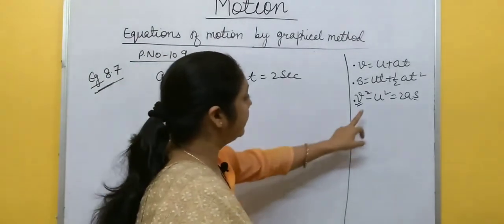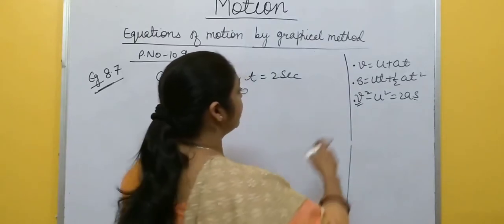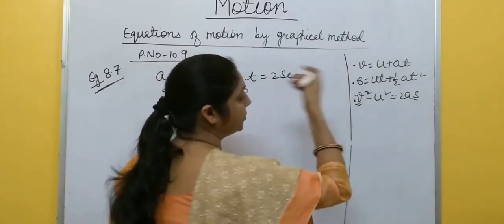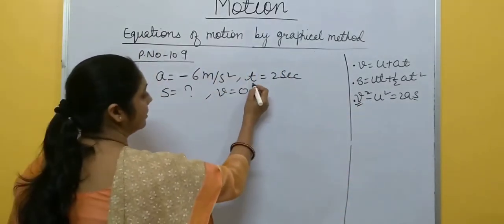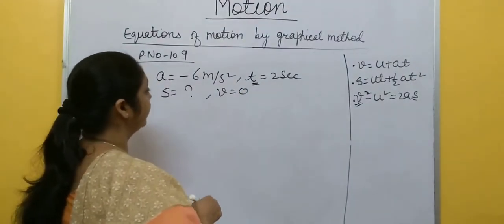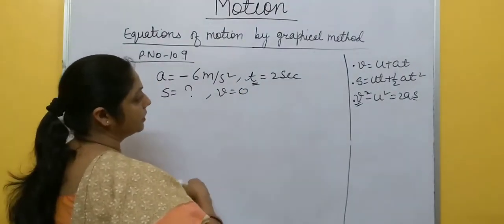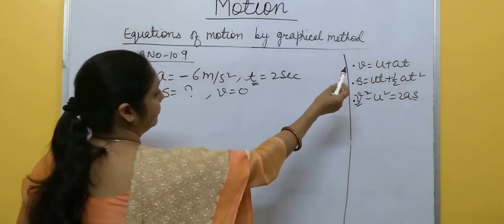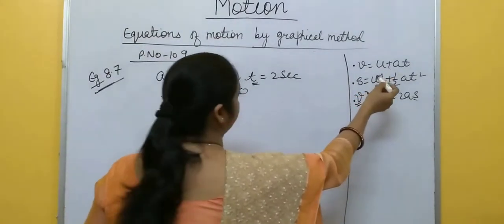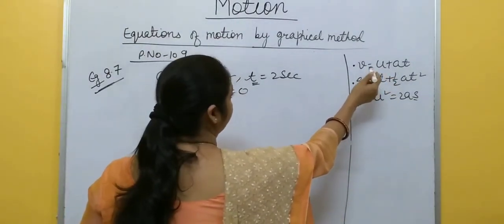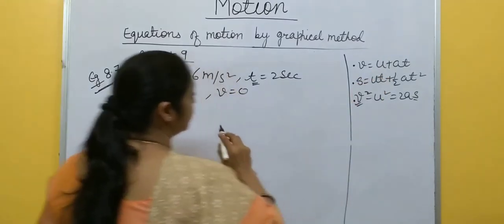So which formula to use? Only acceleration and time are given, right? And also brake is applied means final velocity is 0. So directly you use v square minus u square equal to 2as? No, because time is also given, right? So first v equal to u plus at. From here we can find velocity u.